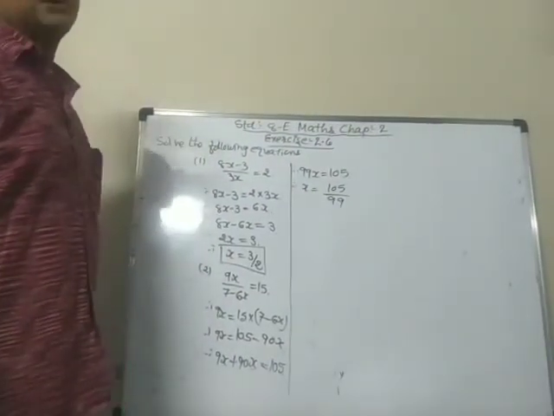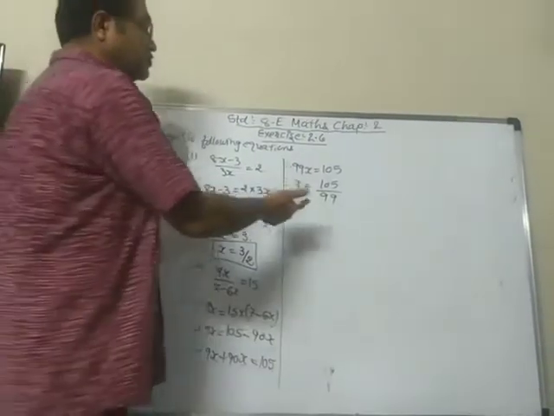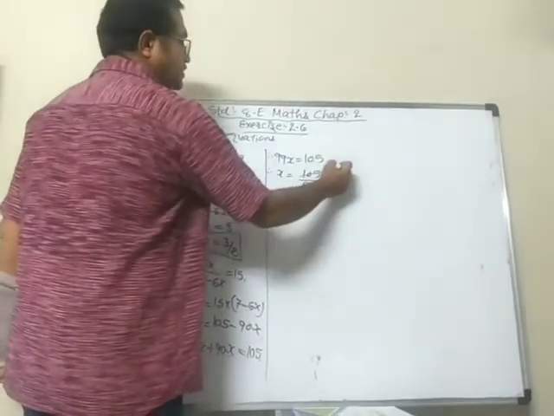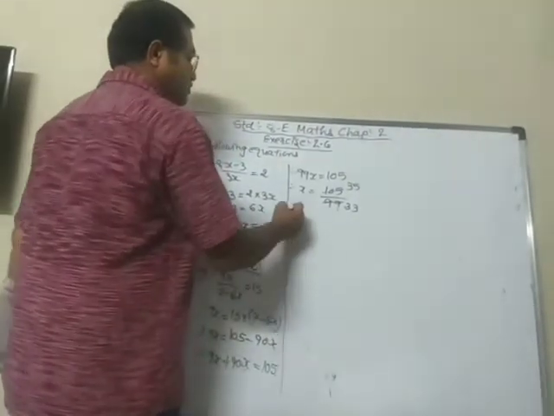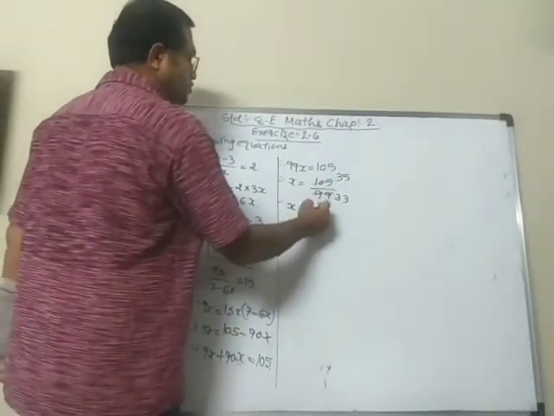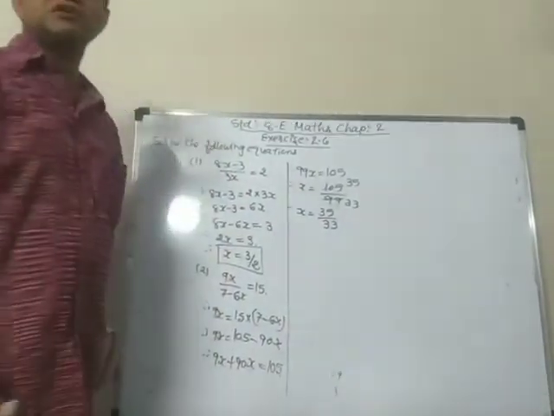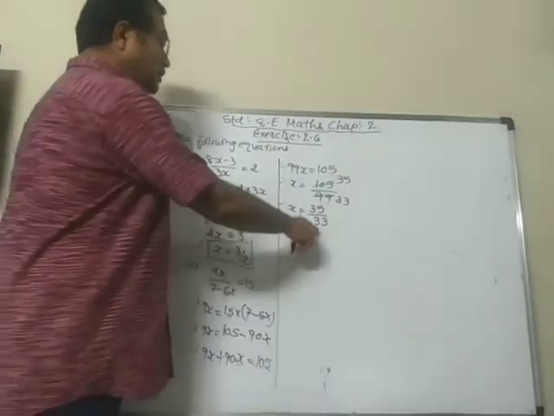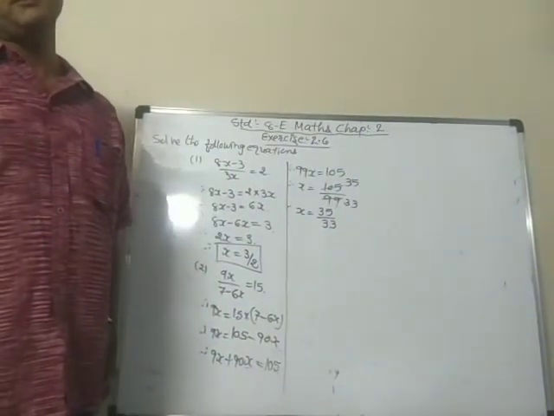Now check if there is any cancellation. You can see that you can do it with the 3. 3 3s are 9, 1 3 5s are 105, and 3 3s are 99. So you get x is equal to 35 upon 33, right? So here what type of fraction is it? Proper or improper?